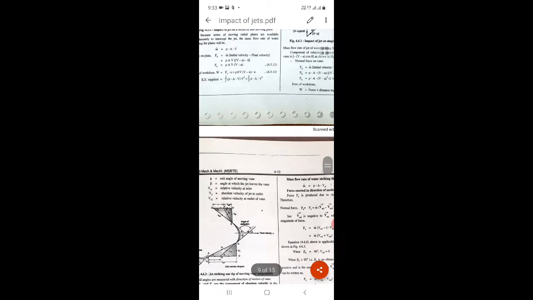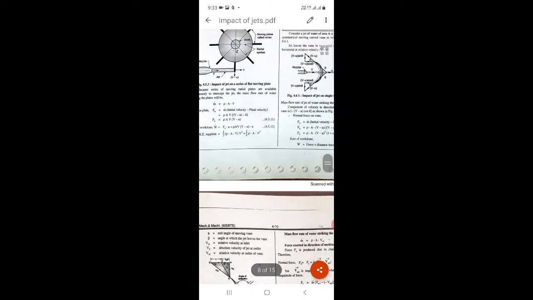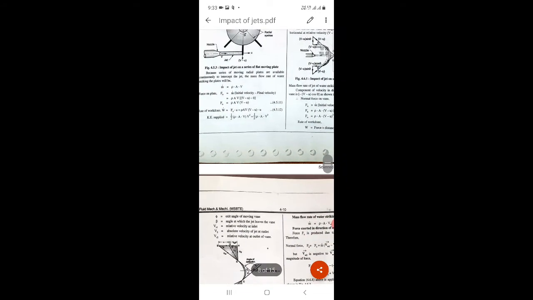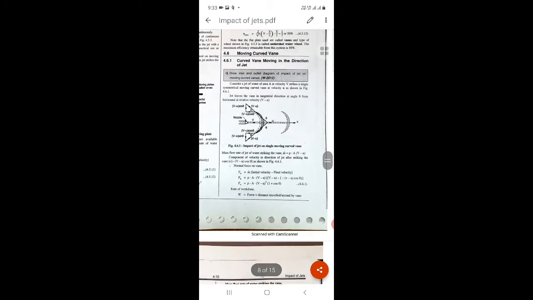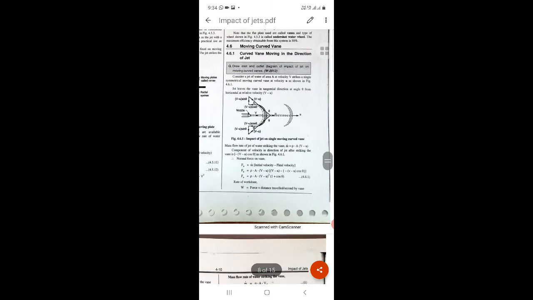So force is mass into acceleration, rho a (V minus U) (1 plus cos theta).